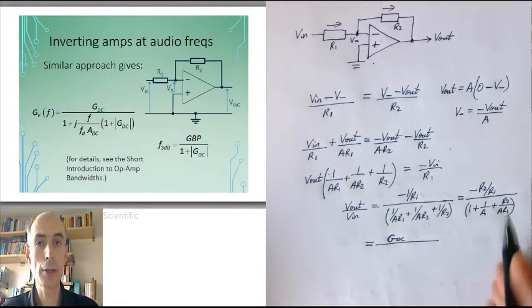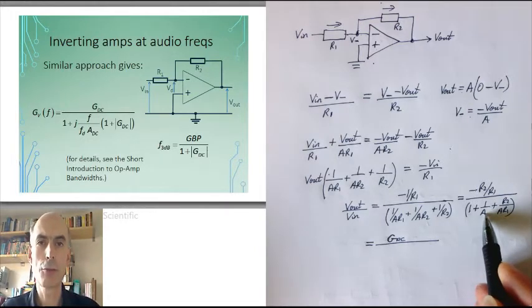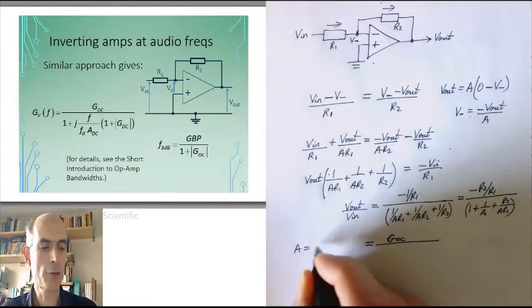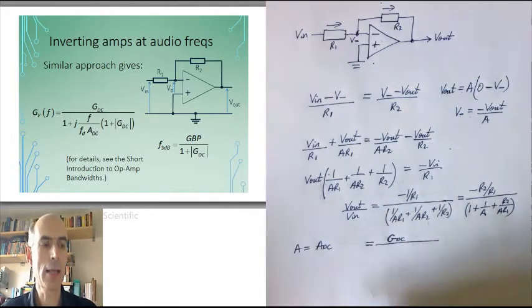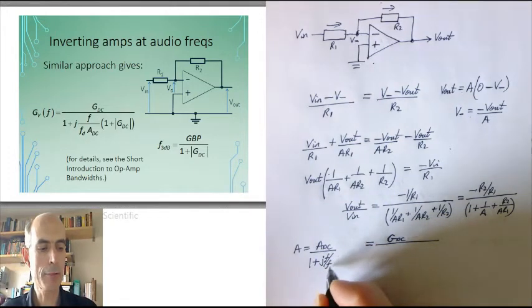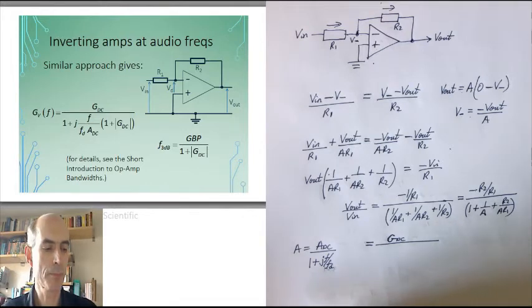And if I'm going to proceed any further, I'm going to need to express A in terms of its frequency-dependent form. That A is the open loop gain at DC divided by 1 plus j f over Fd, the characteristic frequency of the op-amp where the gain starts to decrease.